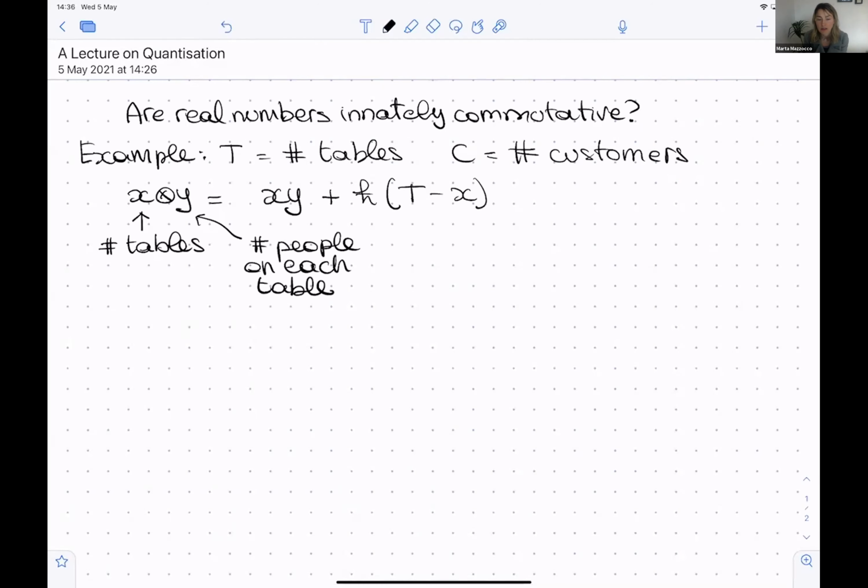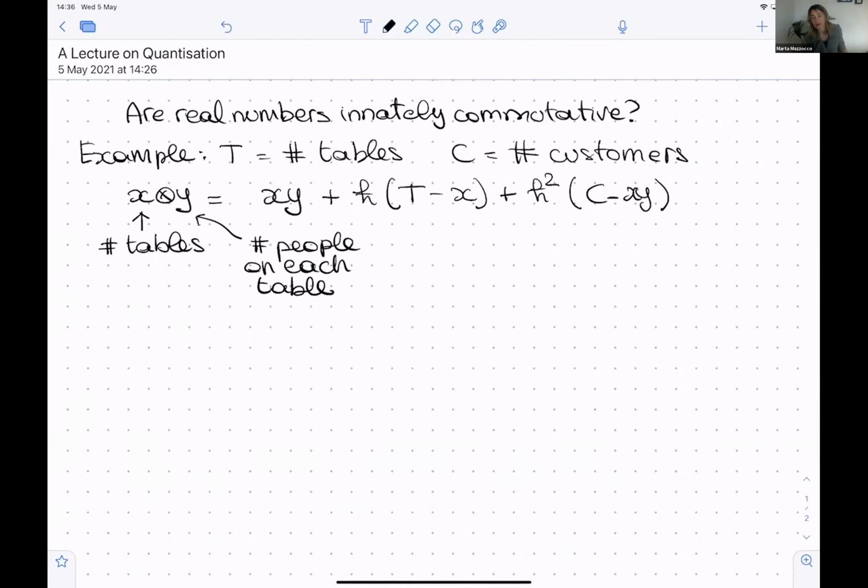So I will have a certain number of people, and then I add a term with some coefficient, and this is telling me how many tables are left in the restaurant to be occupied. And also I might want to add the information about how many menus I can cook. So I will do that by saying that we have a term which is C minus the total number of customers.